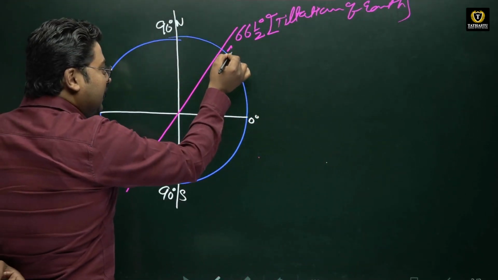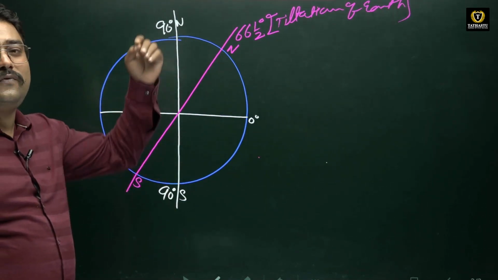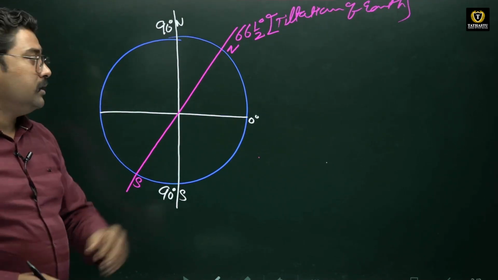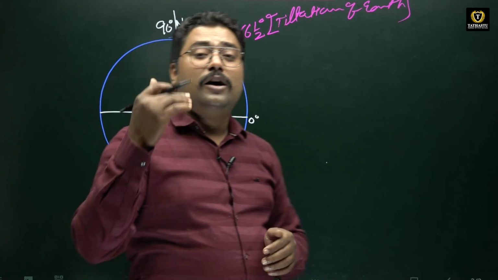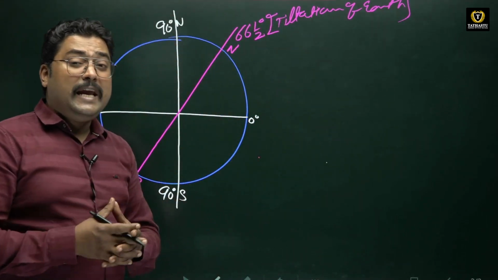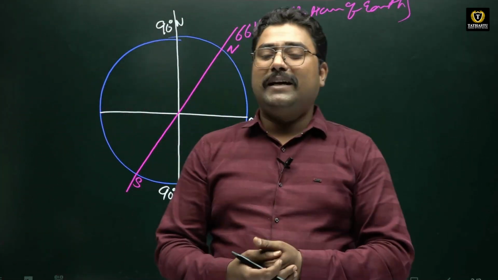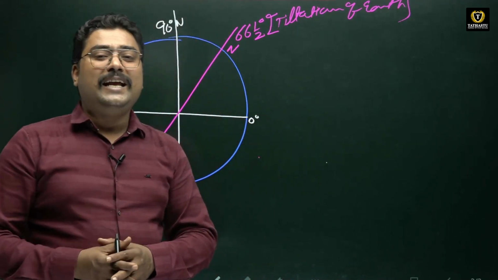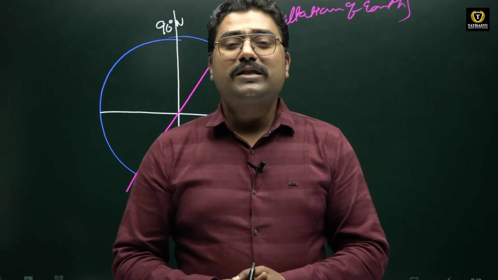Presently this is actual north and actual south, or you can say geographical north and geographical south. And this is magnetic south and magnetic north. When you study the Earth's interior, you will come to know that Earth behaves like a bar magnet, and in a bar magnet we know there is magnetic north and magnetic south. So Earth has also got magnetic north and magnetic south, but presently the polarity of the Earth is considered as reverse polarity.